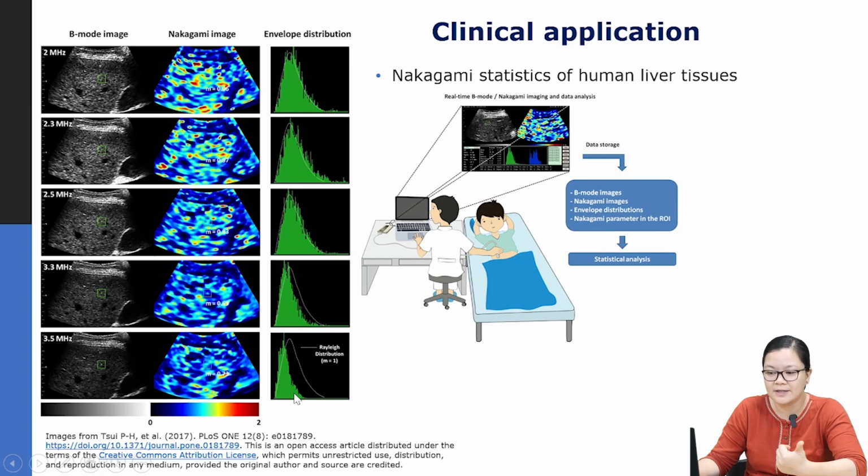So more on the pre-Rayleigh distribution. And so one can also use these types of Nakagami images to compare between different tissues or compare between diseased and normal cases of the tissue, as well as monitoring therapeutic response.